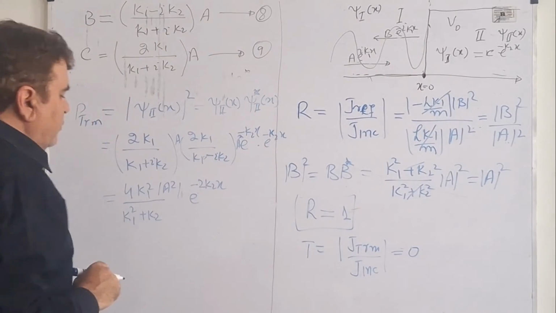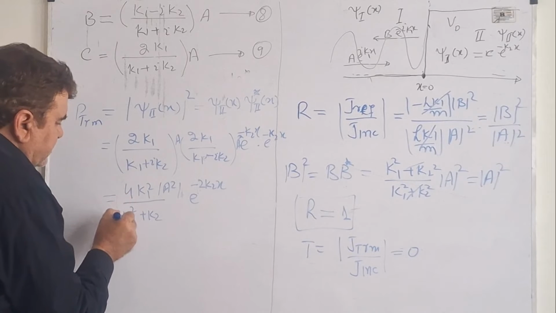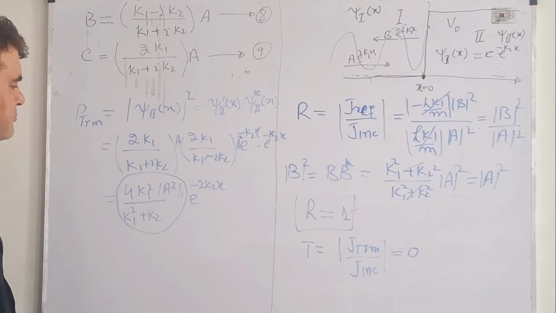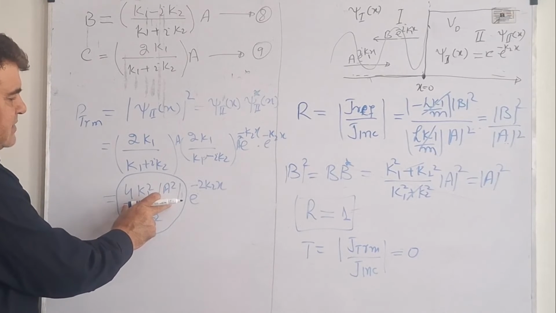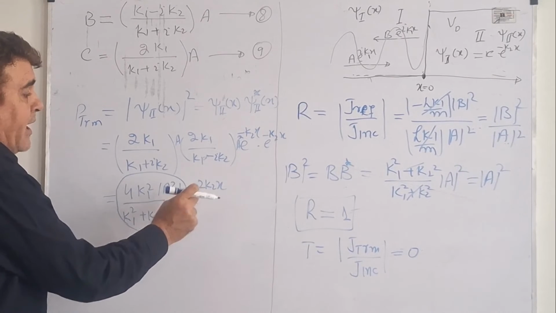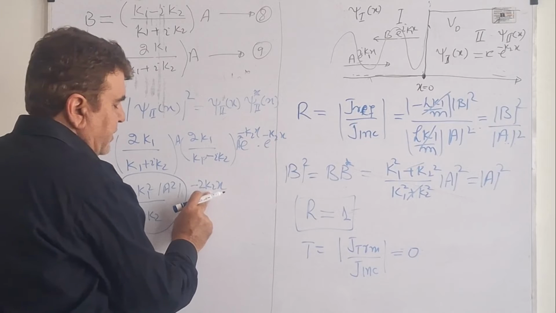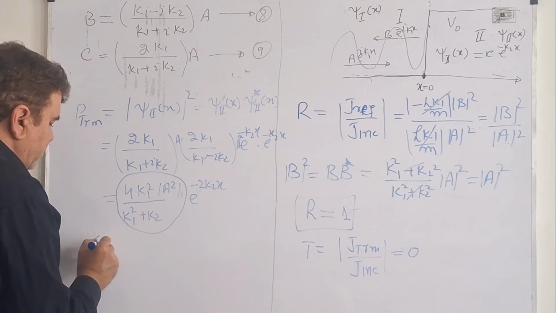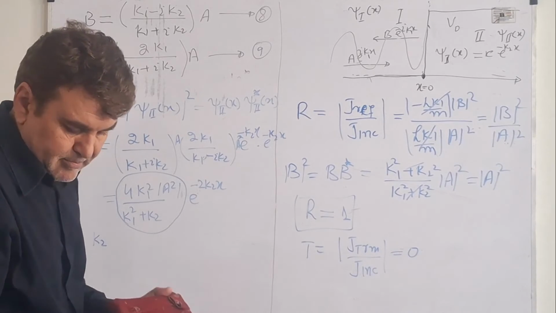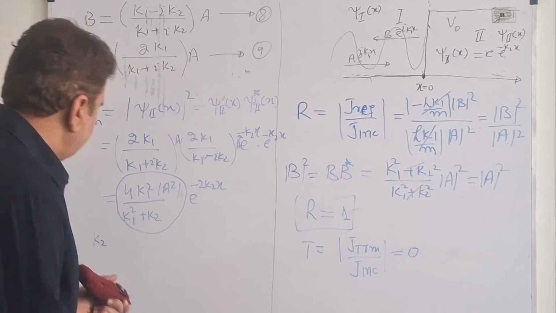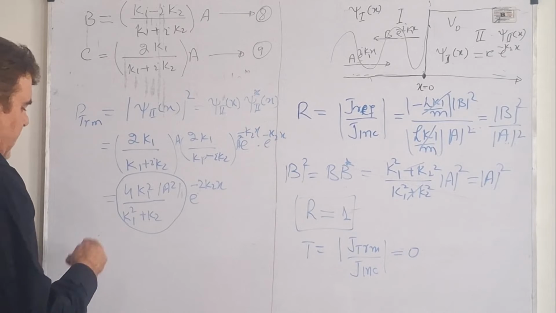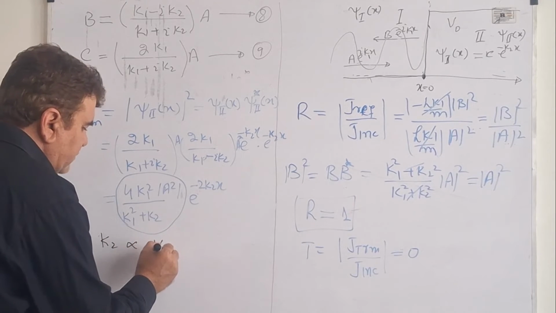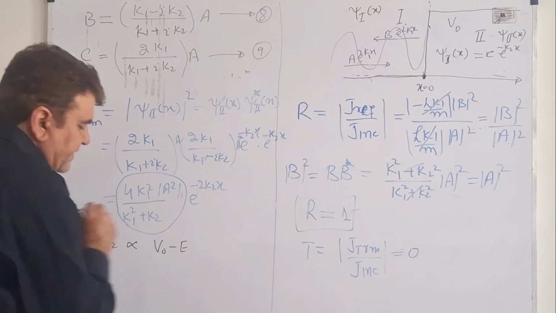And if we look into all these terms, this multiplicative term is positive. So we have a positive constant multiplying this exponential, and the argument of this exponential is also positive, because we know k2 is directly proportional to the difference V0 minus E, the incident energy.